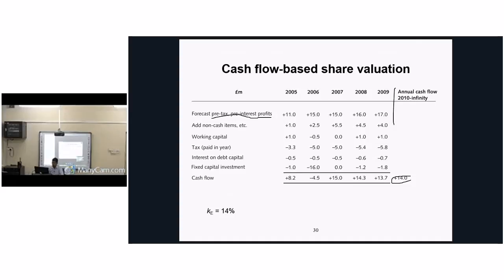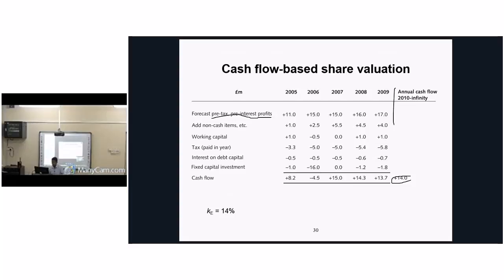Right. So what we do is, first we adjust the non-cash items which they have given to you. I'm just taking you through the answers. They have given some non-cash items, 1 million in 2005, then 2.5 in 2006, like that. We have adjusted the non-cash items.